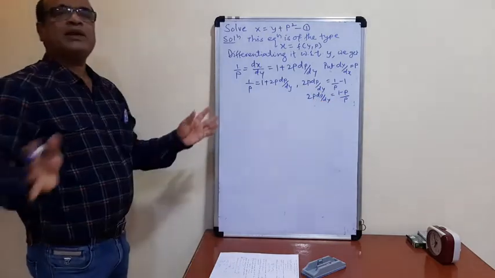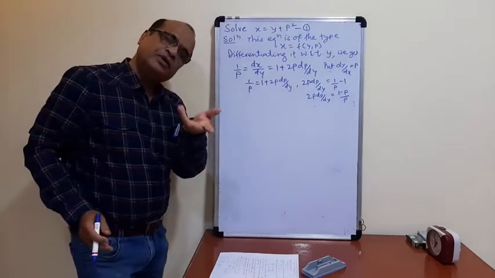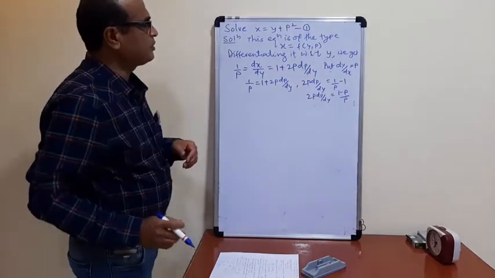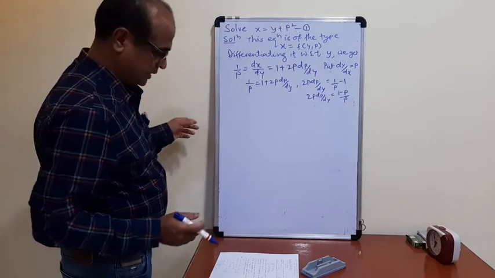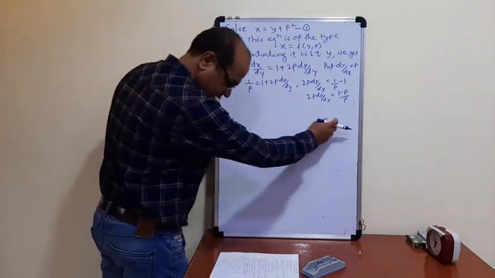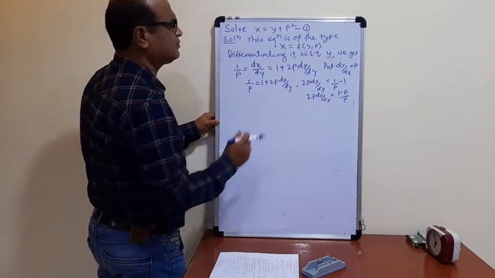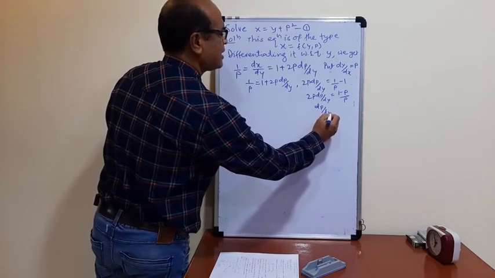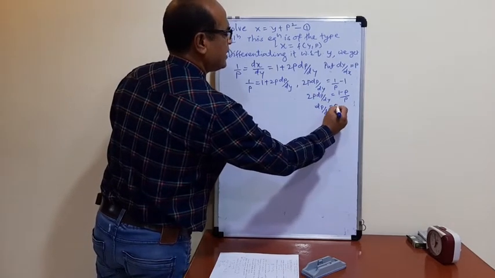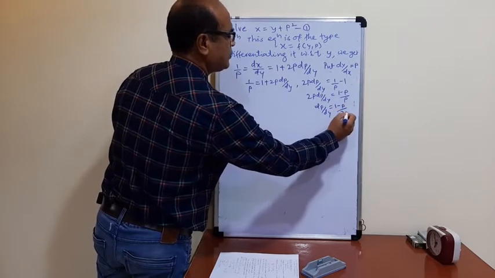Okay. So this is 2p dp by dy is equal to 1 minus p divided by p. So now we separate the variables. So coefficient of dp is the function of p only, and coefficient of dy is the function of y only here. So this equation can be written as dp by dy is equal to 1 minus p divided by 2p square.